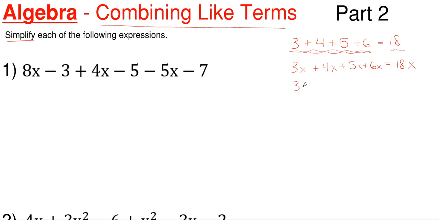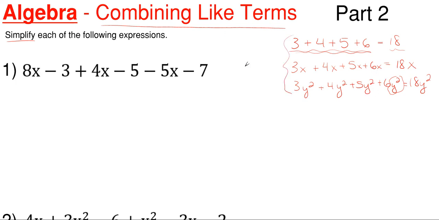And the same thing can be done depending upon if your variable is squared, if it changes its letter format. As long as it is the same or similar, you can combine it. So once again, just bring your variable with whatever power over here on the right side, and then add your numbers together, which again would be 18. So this is called simplifying and combining like terms.